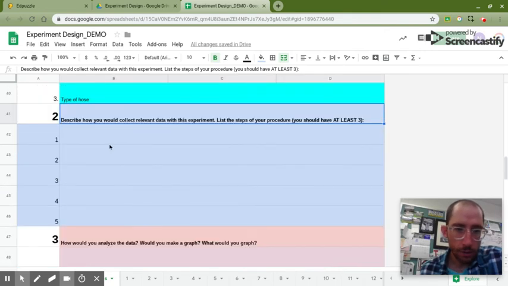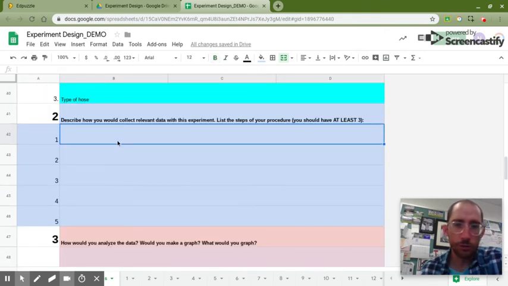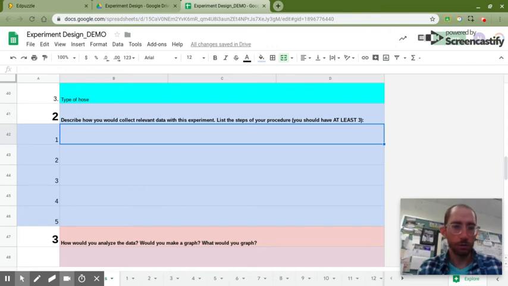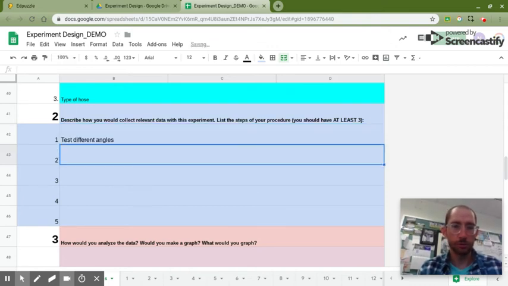All right. So how would you collect relevant data with the experiment? List the steps of your procedure. People were putting stuff like, test different angles. Okay. Something like that. We get it. Sure, that's what you're trying to do.